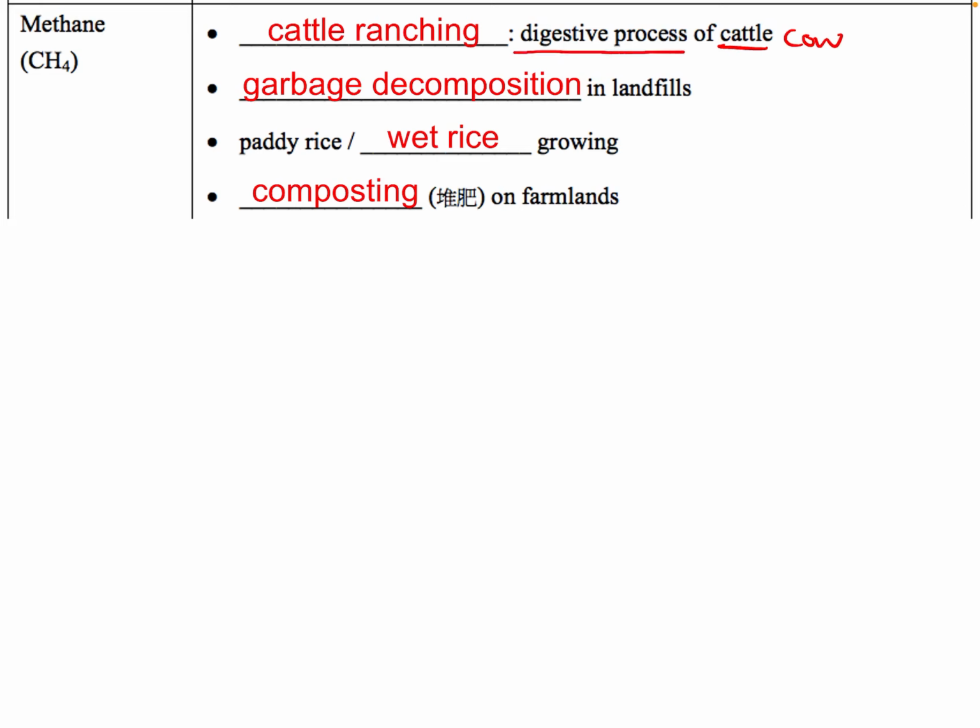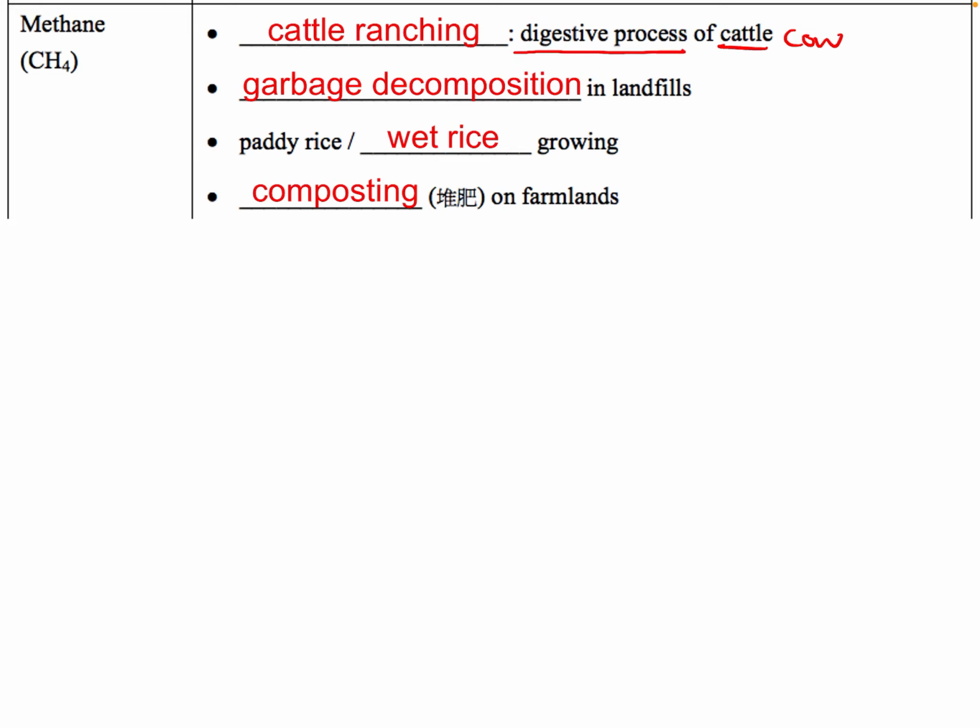It is called the digestive process. I'm not sure you know this word or not in S3 biology. Digestive process, 消化系統. As cows have 4 stomachs, 有4個胃. In the digestive process, they will release some gas. Just like you, when you eat a lot, sometimes you burp, those gases are called methane. 咁牛消化過程係釋放咗好多嘅methane出嚟嘅, digestive process.